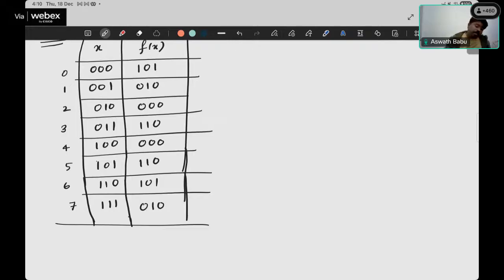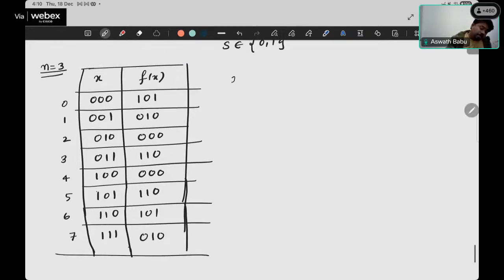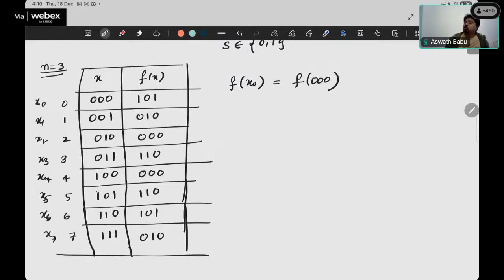For example, here, let's say I feed in x0, x1, x2, x3, x4, x5, x6, x7. If I feed x0, which is f of triple zeros, it gives me 101. That's the bit string I'm getting.